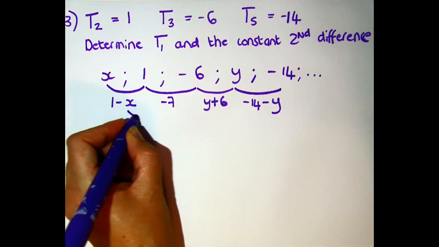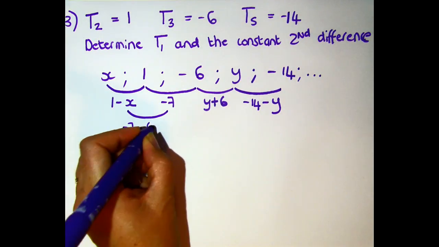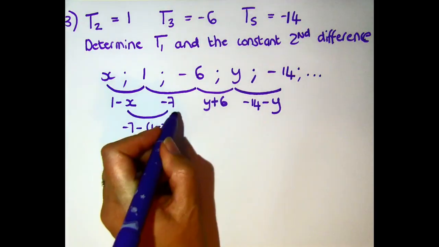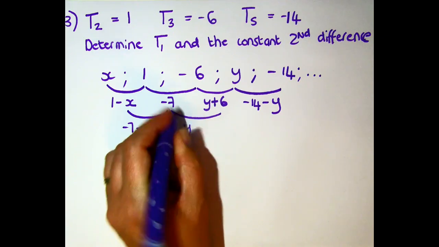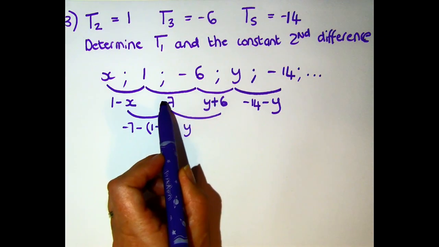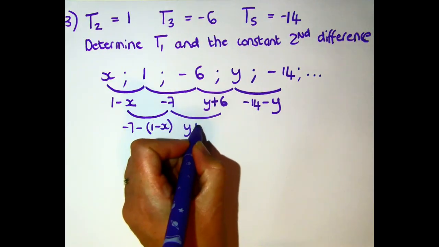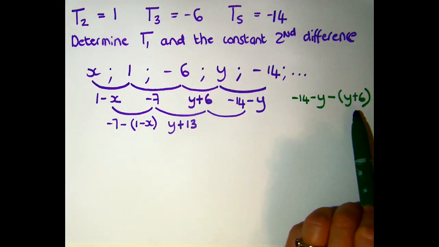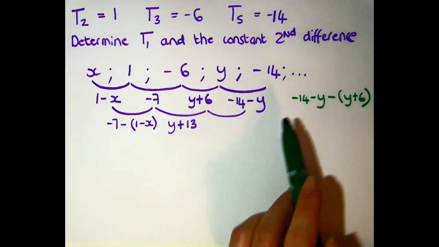Okay, so here, this one is going to be negative 7 minus, and I'm putting brackets to make sure I don't make a mistake here. This one is going to be Y plus 6 minus negative 7. So that's going to be Y plus 13. For this one, I'm doing a little calculation on the side, just to show you how I end up with that answer.